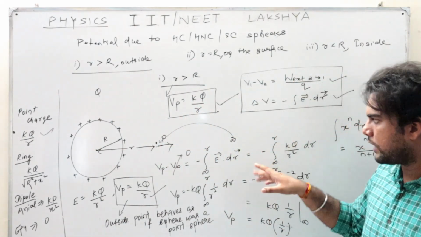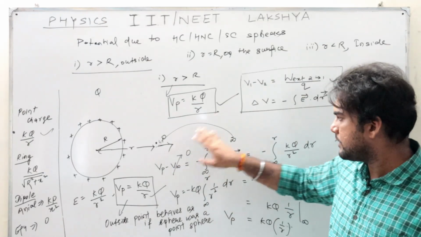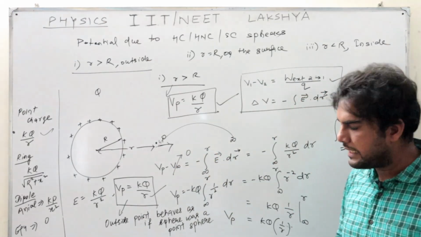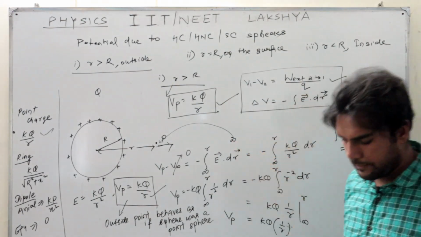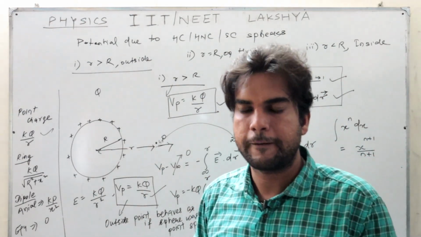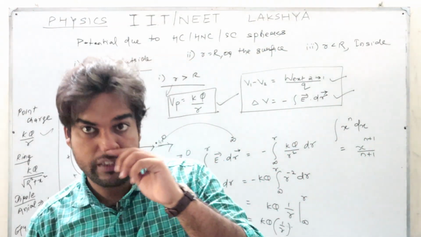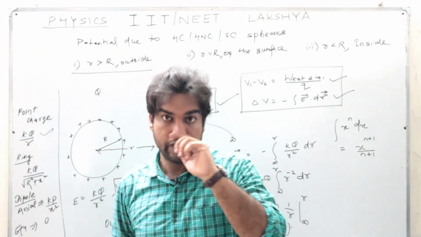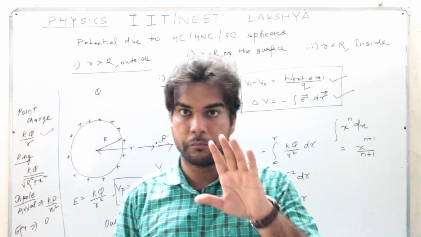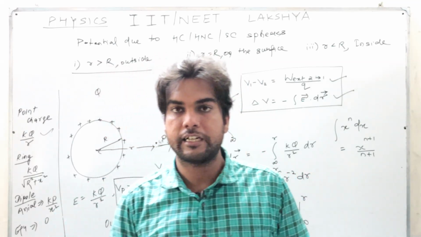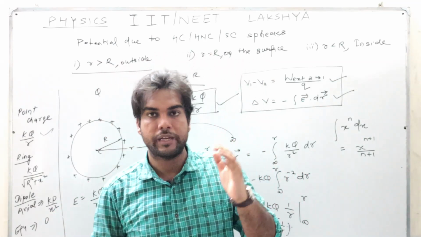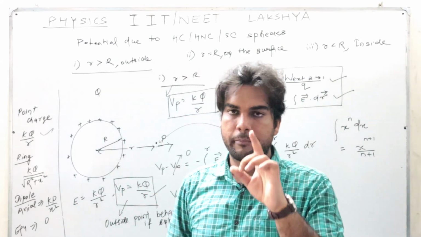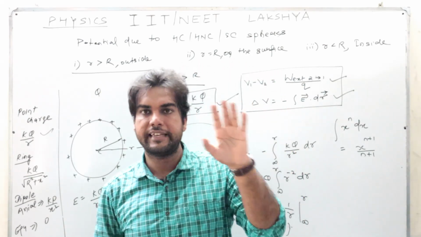Once again, let me tell you what I have done. Why I have done this? Because I already knew the electric field at a point P outside. Try to understand. Already I have derived the electric field at a point P outside using Gauss's theorem. For that you can watch my videos on electrostatics part 1, how to find the electric field due to spheres. So the electric field due to a sphere at a point outside is Kq by r square.